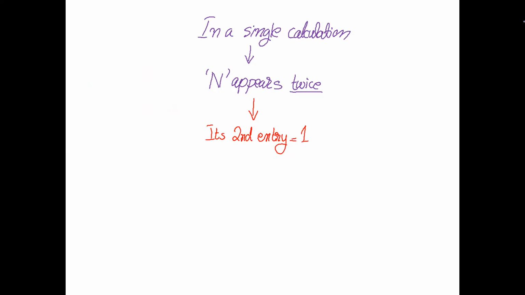In the same calculation, if N appears again, you will well understand when we solve the question, when N appears again, for the second time, you have to put N is equal to 1. For the second time, you will put N is equal to 1. So if in one calculation N appears twice, you cannot put both times the value of N.